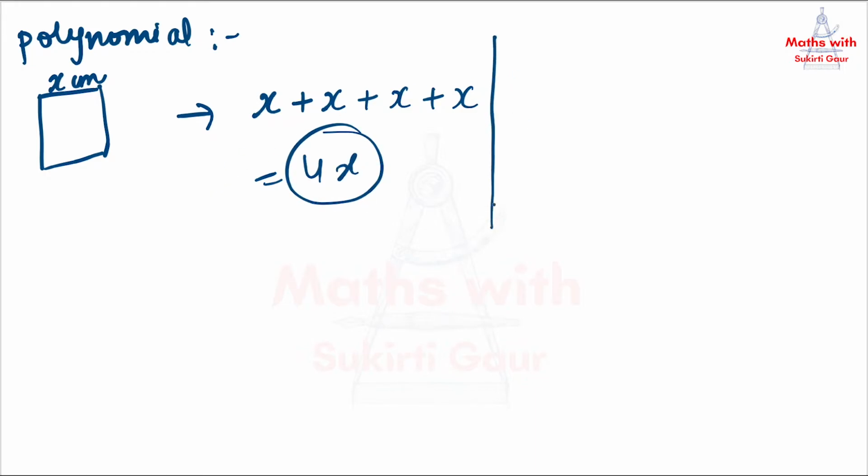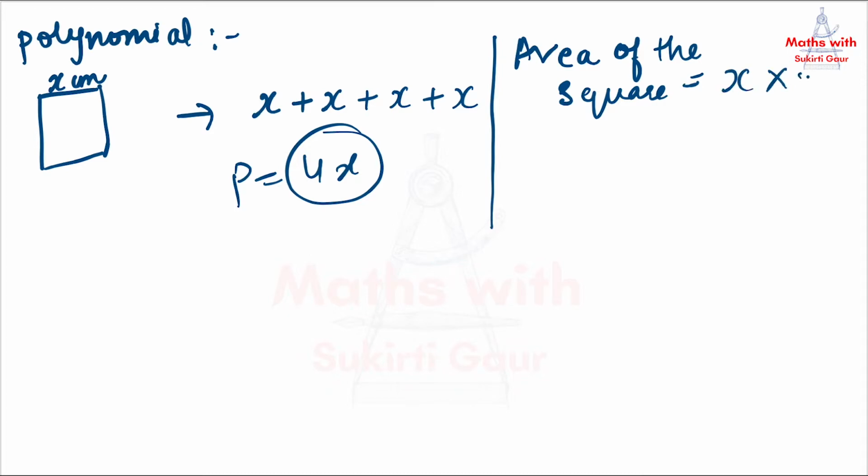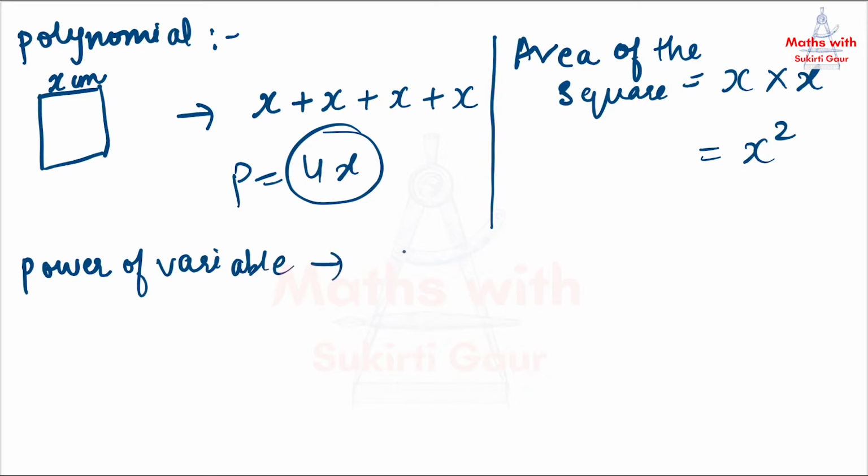Now the area of the same square is side multiplied by side, x square. Now in both of the cases we have the power of the variable as 1 and 2, which are nothing but whole numbers.